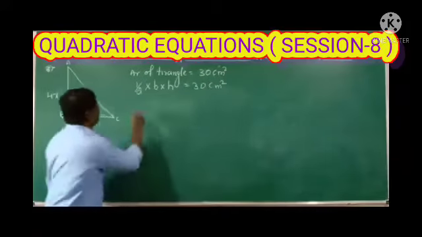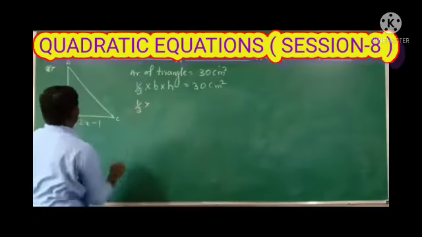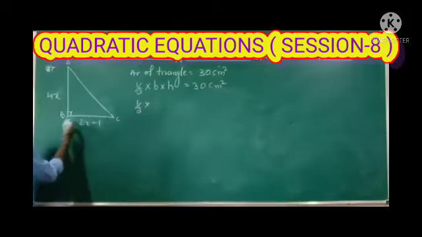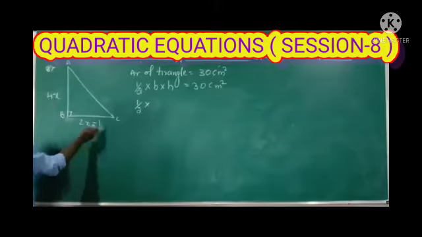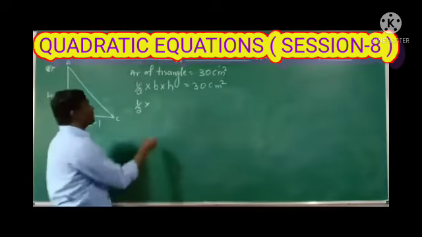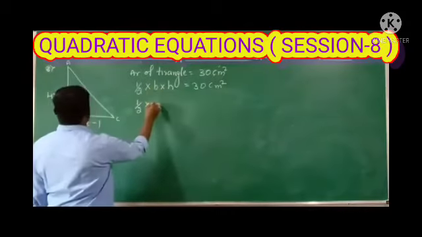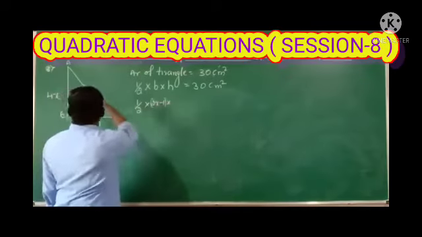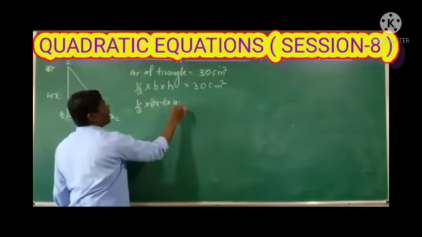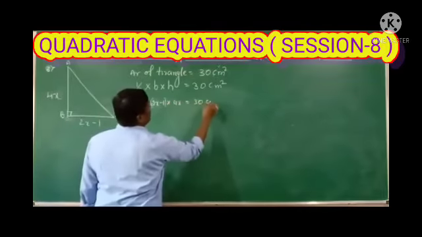Now here, half into, you can also take BC as 4 and AB as 2x minus 1. You will get the same answer. Okay, base is 2x minus 1 into height is 4, which is equal to 30.